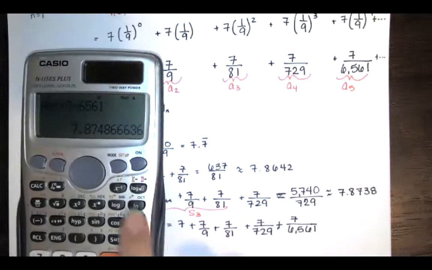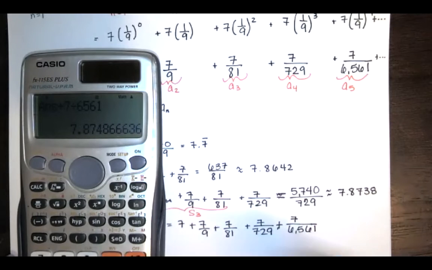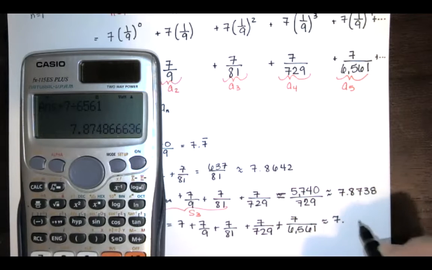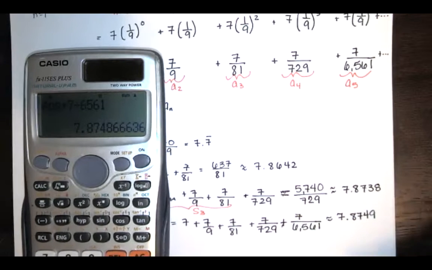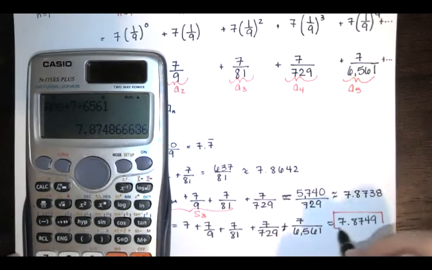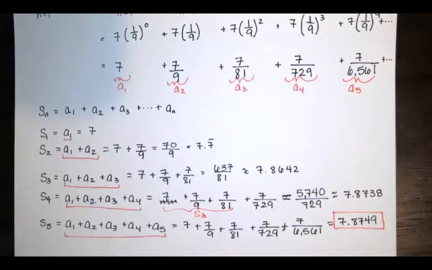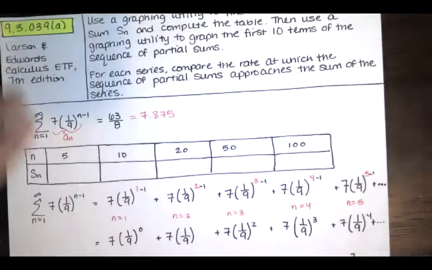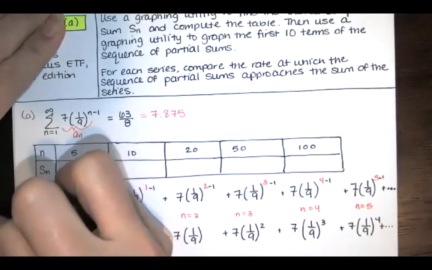My calculator did not even give me an exact answer this time. But I want it rounded to 4 decimal places. That's going to be 7.8749 approximately. Okay, so that's the answer that they want right here.